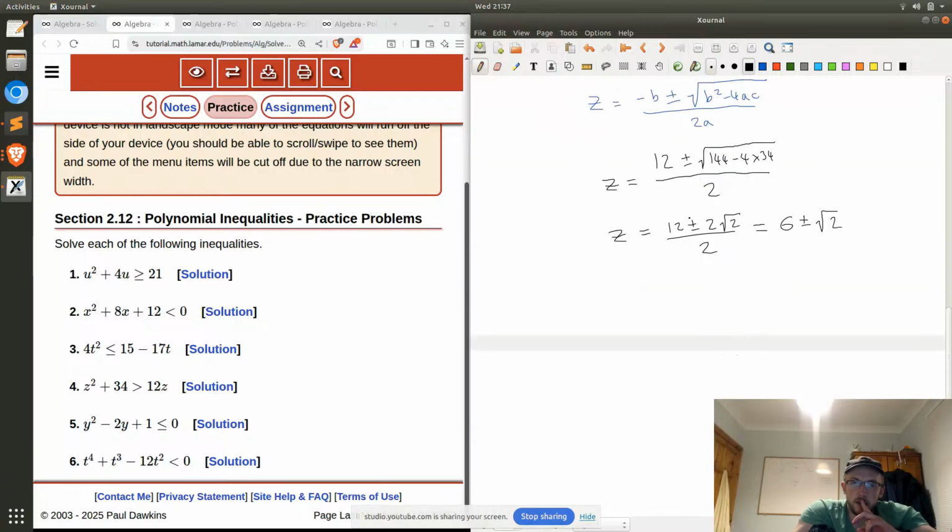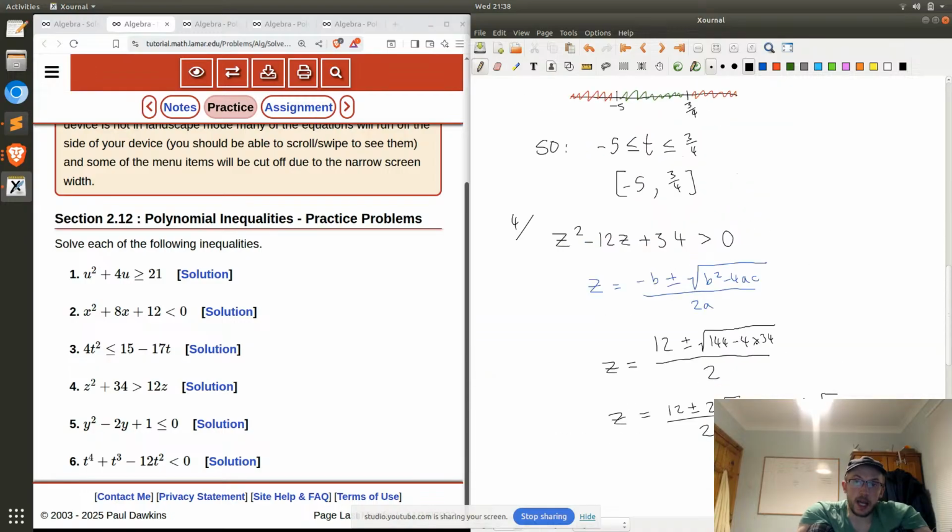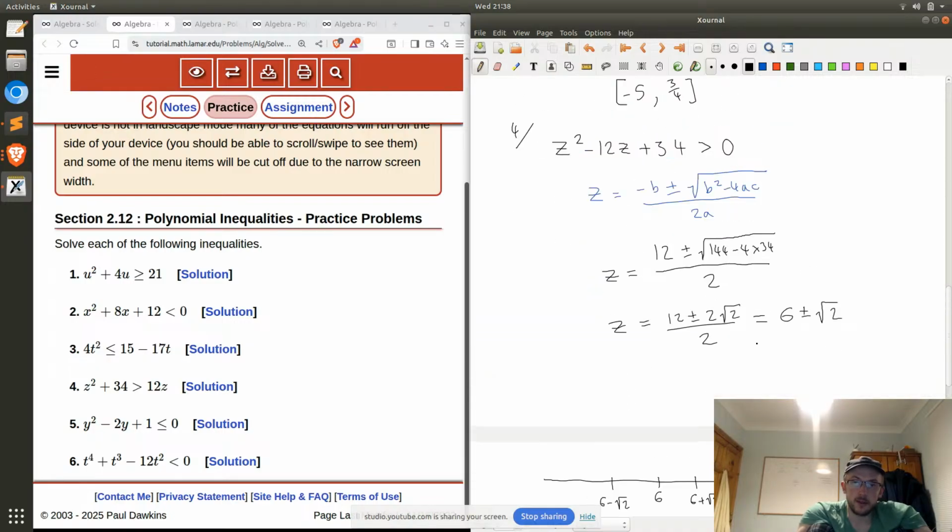What does that look like on a number line? Well, it looks like this, where you have 6 bang in the middle, 6 plus root 2 over here, and 6 minus root 2 over there. So what am I supposed to check?